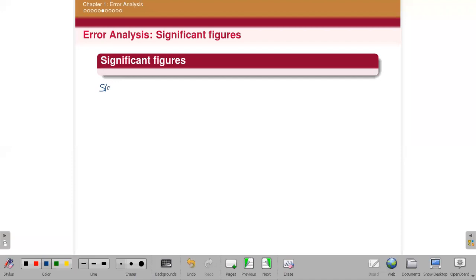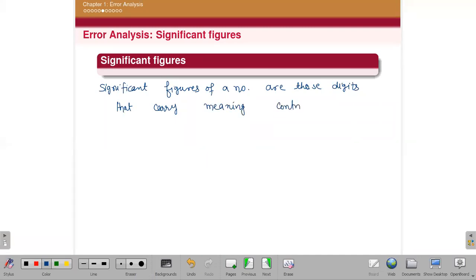So by proper definition, the significant figures of a number are those figures, those digits, you can say, that carry meaning, contributing to its precision.